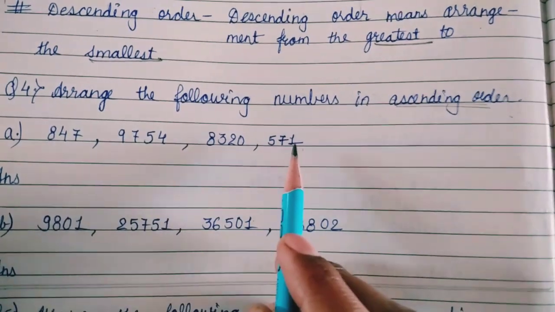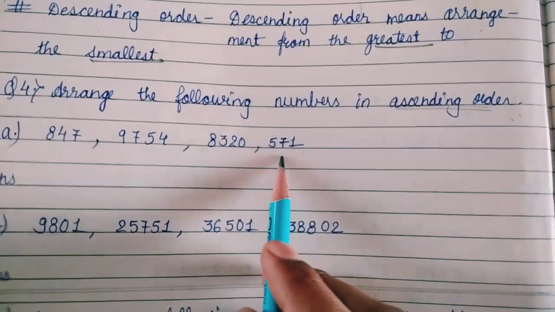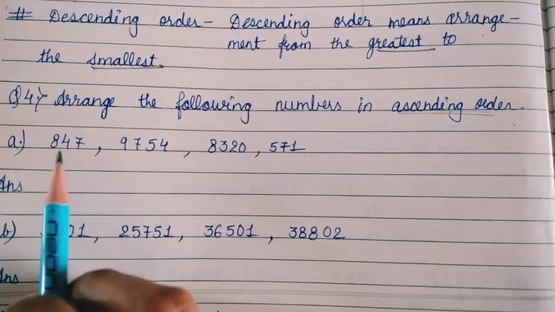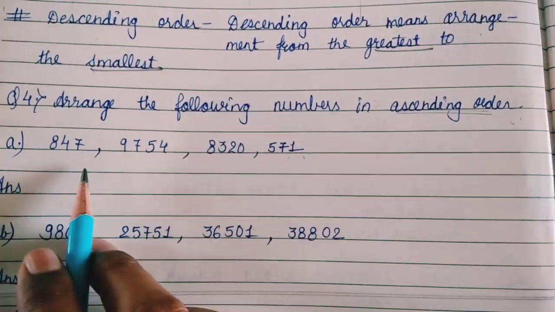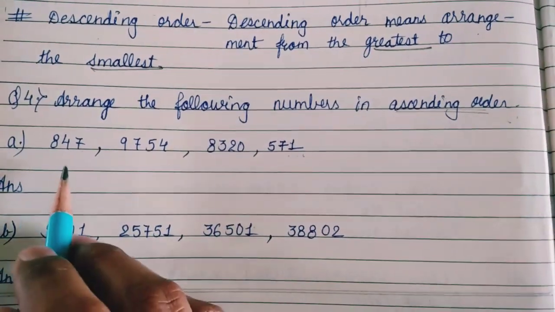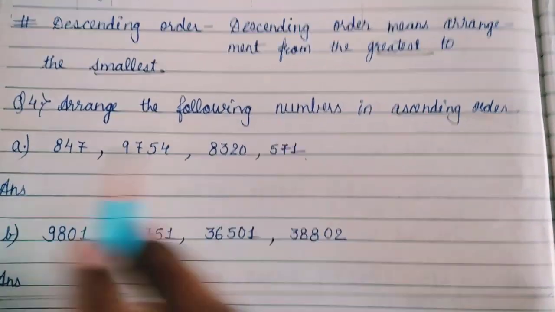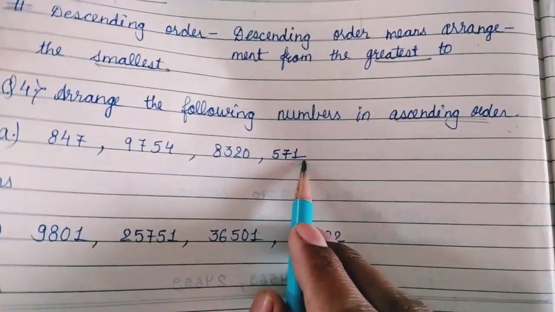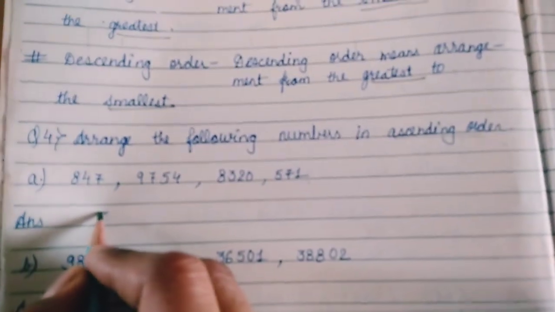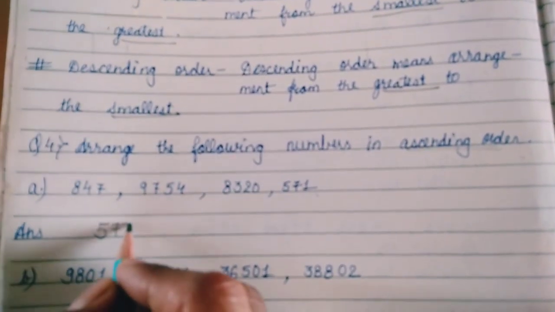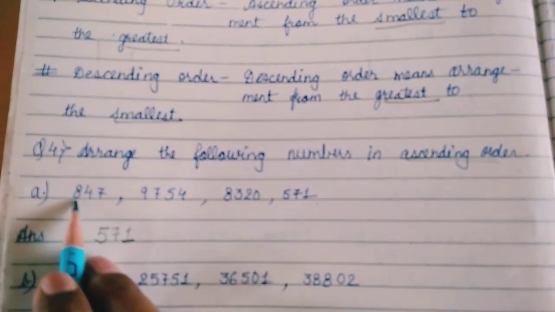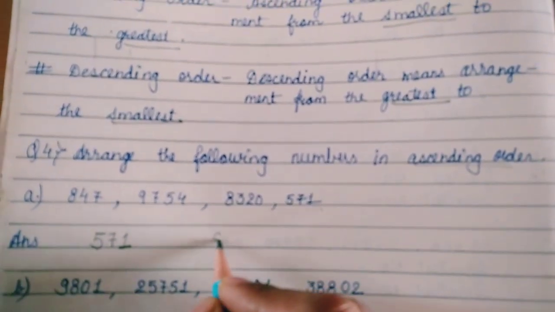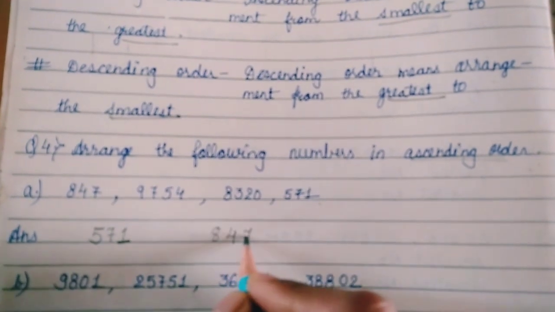So firstly we will search for the smaller one. 847 and 571 both have 3 digits. Simply you can see 847 and 571. So 571 is the smaller one, so it will come first. Now 847 will come in the second place.